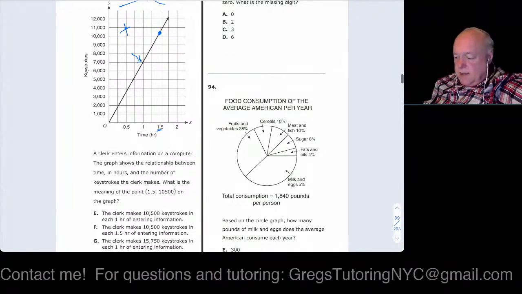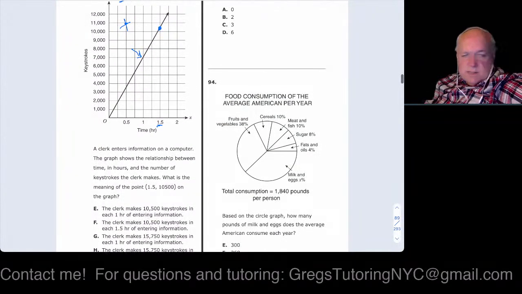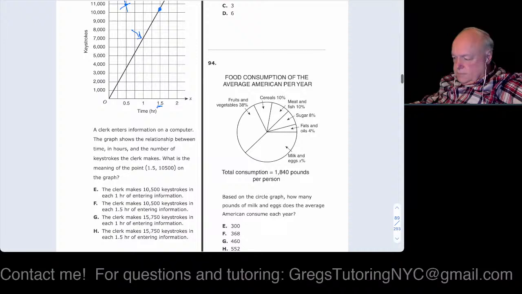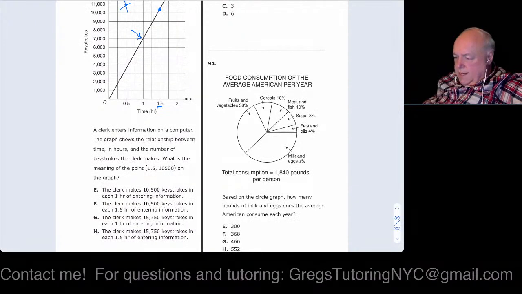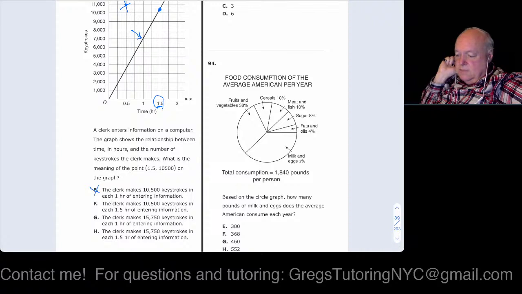So let's try to find the answer that seems to say that. So E, the clerk makes 10,500 keystrokes each hour of entering information. No, it says an hour and a half here. So E's out the window. That's definitely not it. F, the clerk makes 10,500 keystrokes in each 1.5 hours of entering the information.